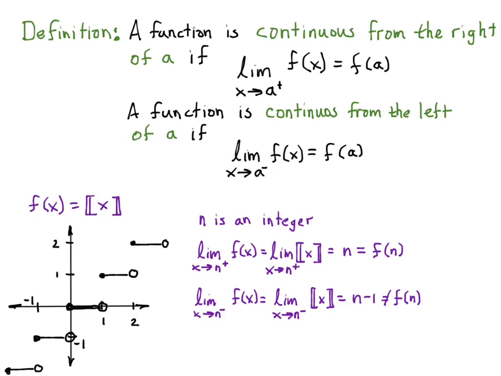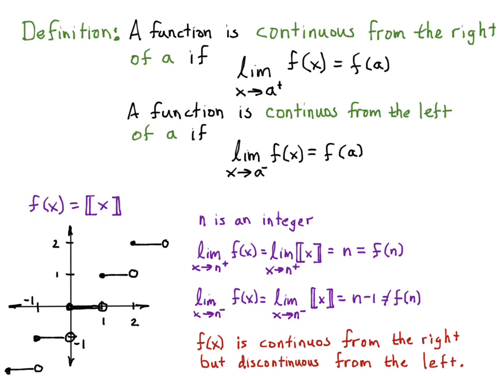So we really don't have a function that, when we evaluate it at n, equals that limit as x goes to n from the left-hand side. The line above says we have a limit coming from the right where the limit equals the function evaluated at that point. From the left, we don't have that equality. So what we're going to say is that f at x is continuous from the right, but not the left.